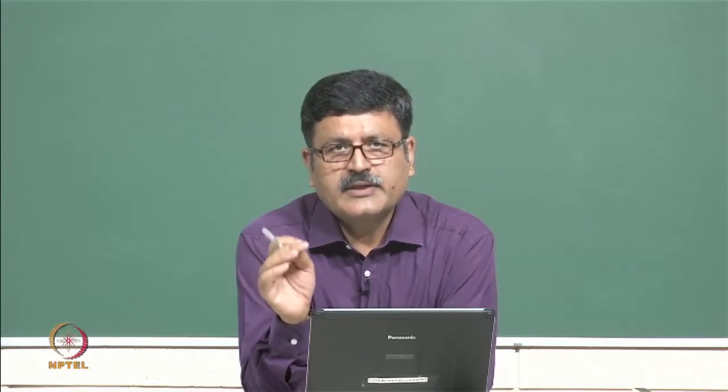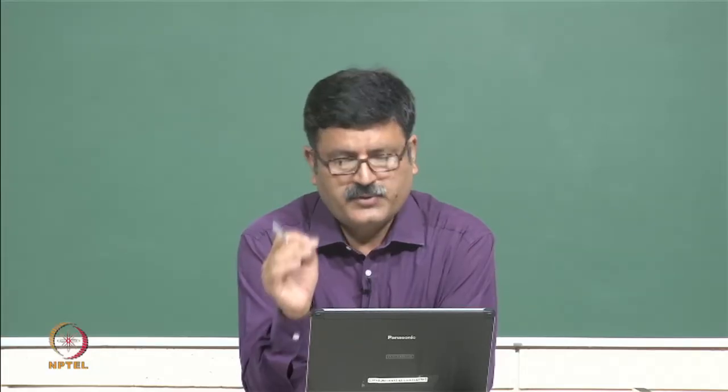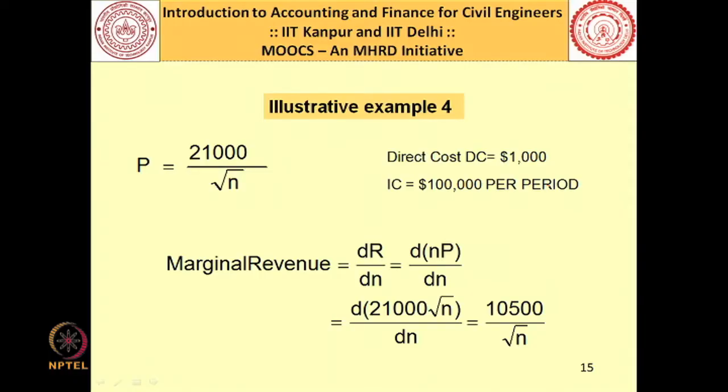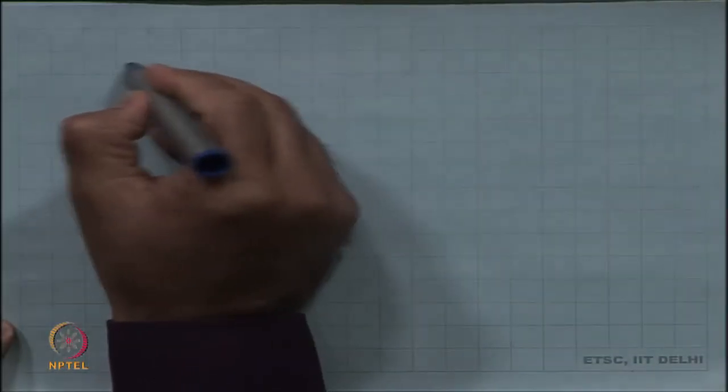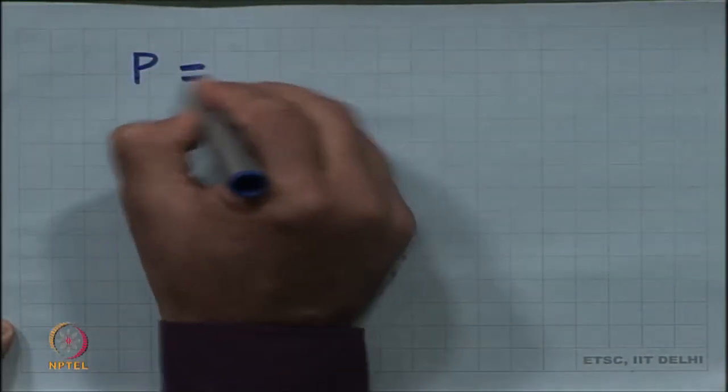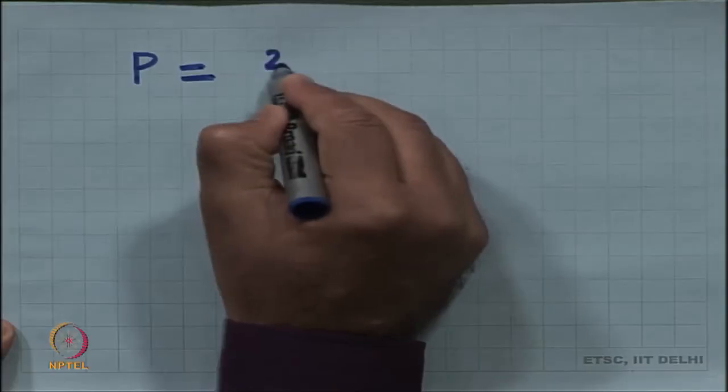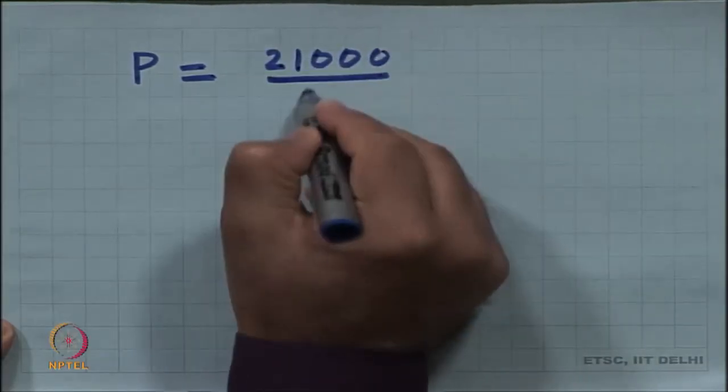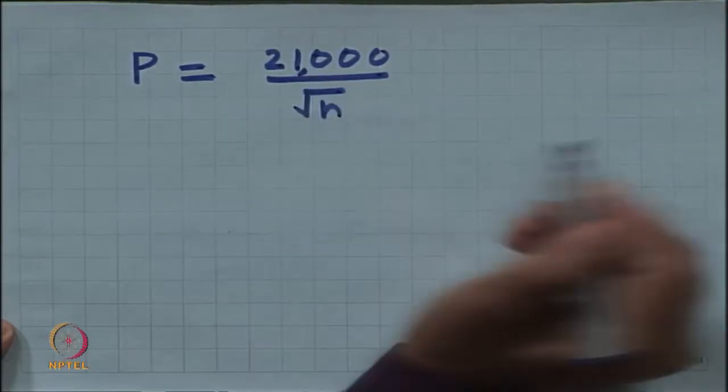Now, we will try to explain this concept with the help of one small example, wherein I give you the relationship of various variables in the form of an equation, and then from there onwards you can see how to carry out the break even analysis. So, let us assume we are given for a particular product, the sales price is given to be 21,000 divided by under root n.